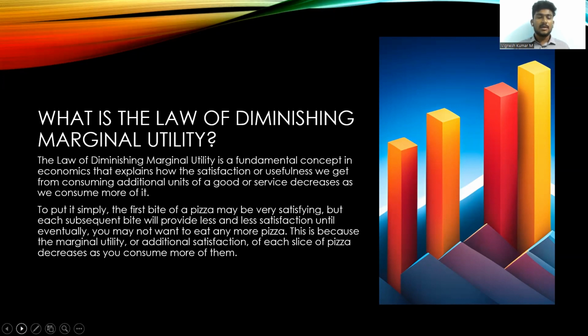To put it simply, the first bite of pizza may be very satisfying, but each subsequent bite will provide less and less satisfaction until eventually you may not want to eat any more pizza. This is because the marginal utility, or additional satisfaction, of each slice of pizza decreases as you consume more of them.